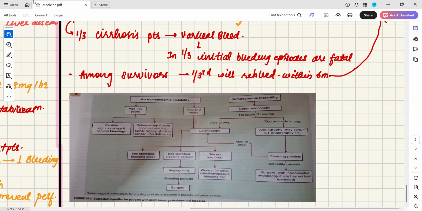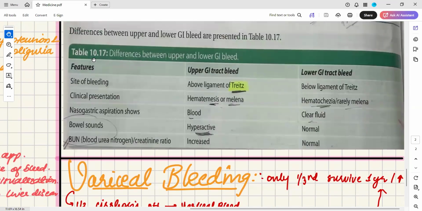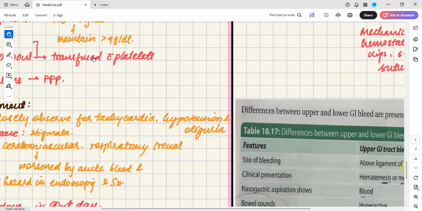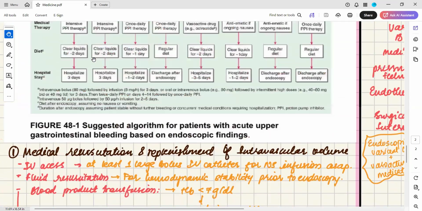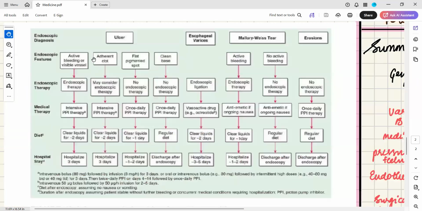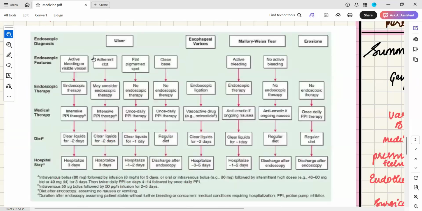Yes. This table greatly simplifies everything that we have studied right now.